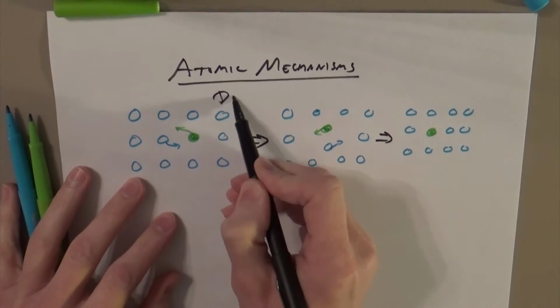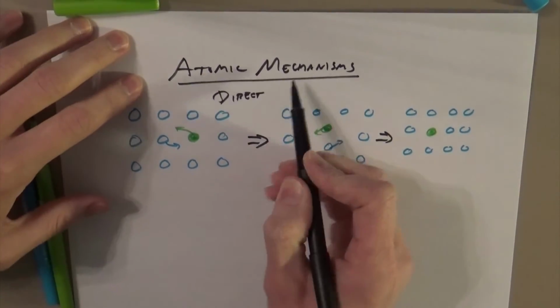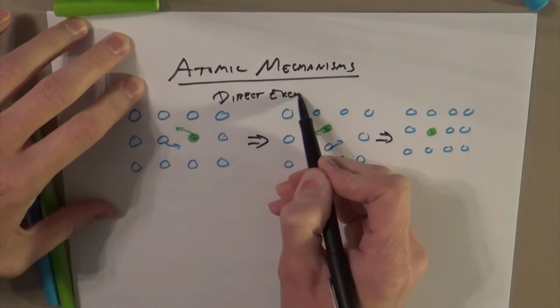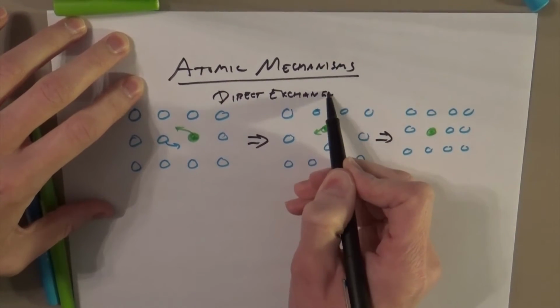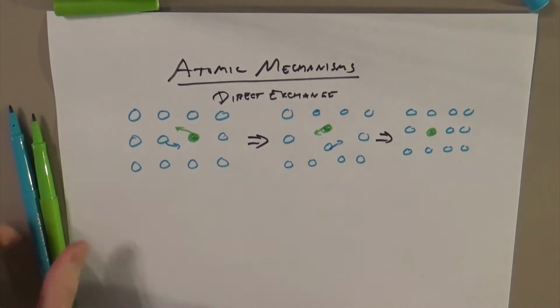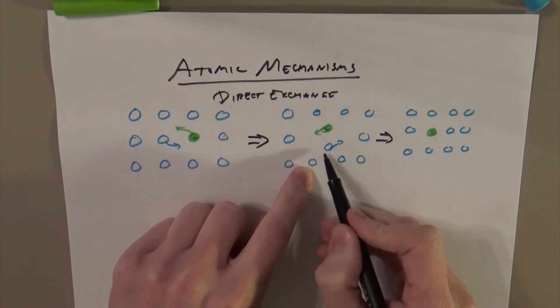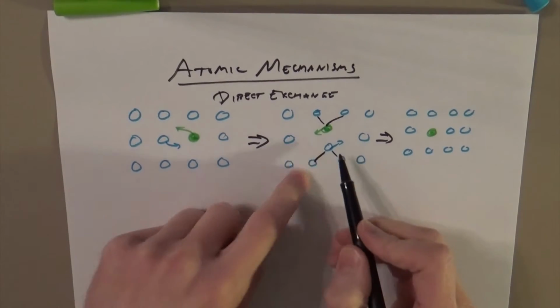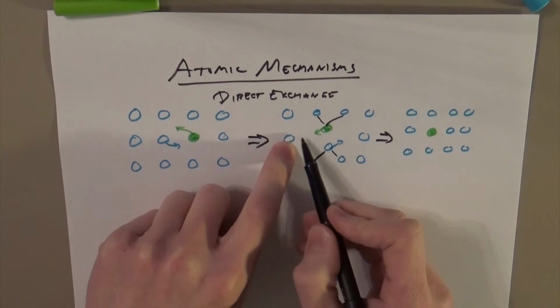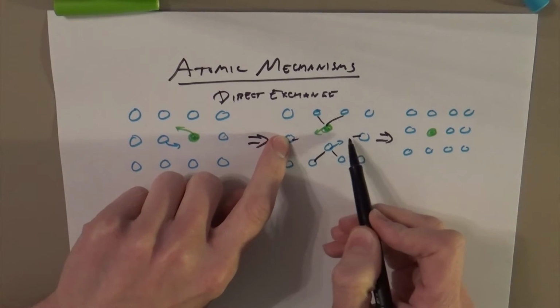This is a direct exchange. But this is a relatively high energy process, right? Because if you look at it, these atoms are getting crammed in here, so there's a lot of strain in these bonds, and you've got broken bonds here as well.